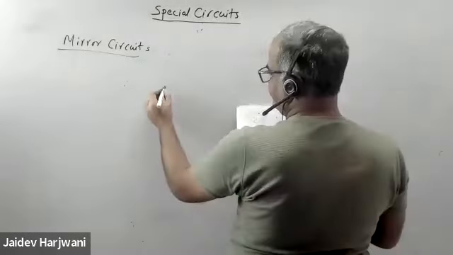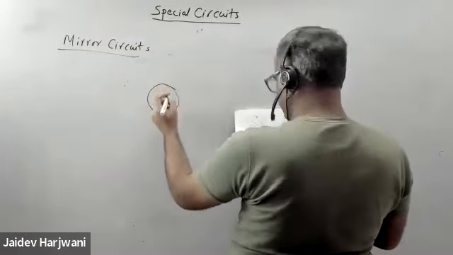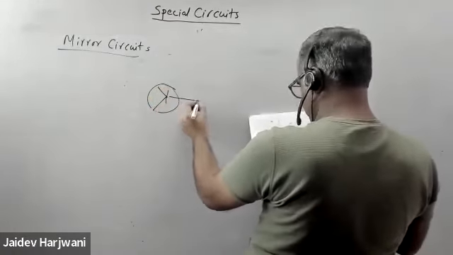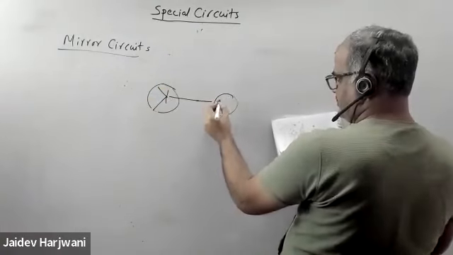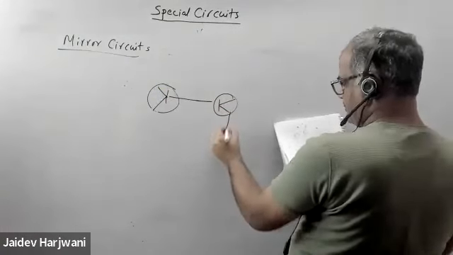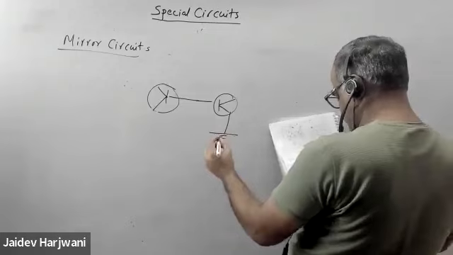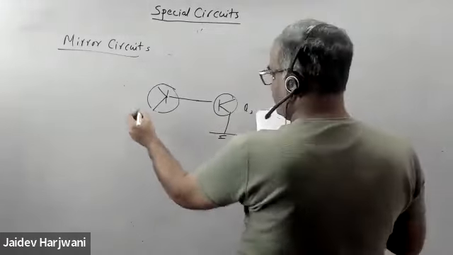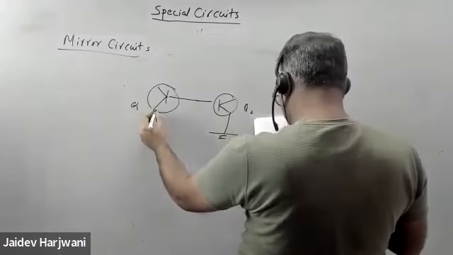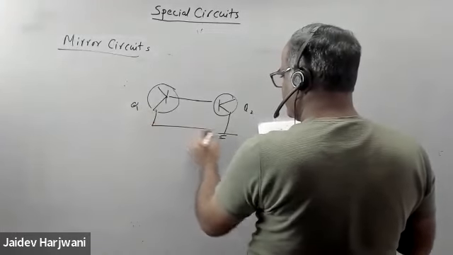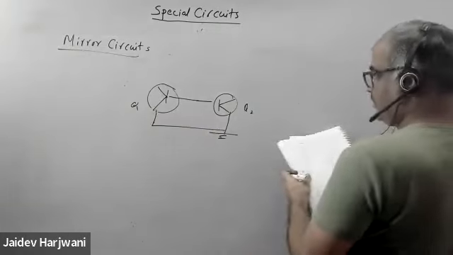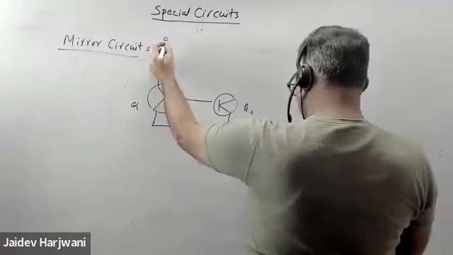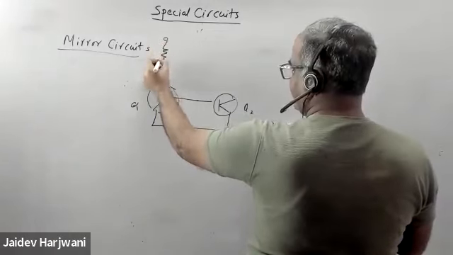So you have two transistors. One is say Q2, other is say Q1, and these transistors are connected here, and here I am coming with 5 kilo ohm.